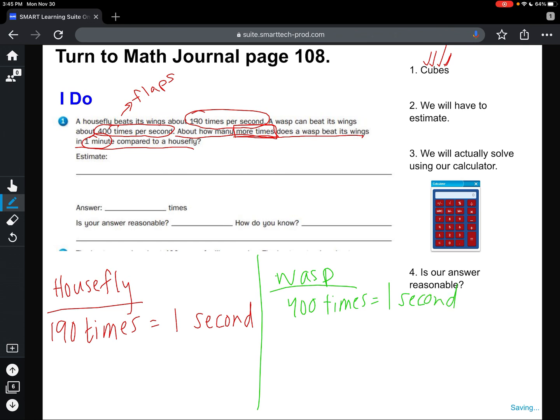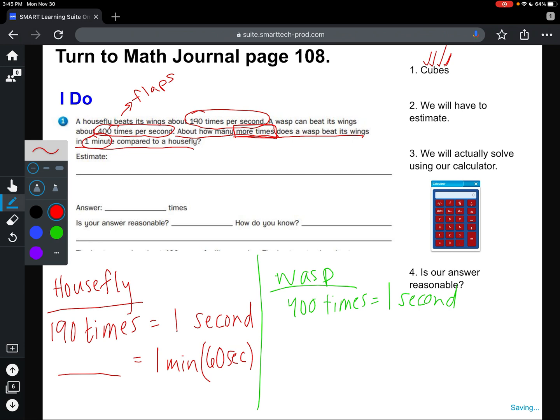The question is asking me how many more times does a wasp beat its wings in 1 minute compared to a housefly? Right now, I don't know how many times it beats its wings in 1 minute. But how many seconds are in a minute? 60 seconds is the same as 1 minute.